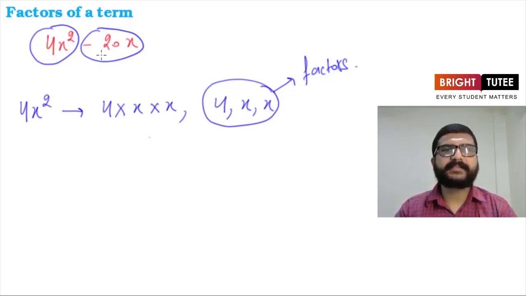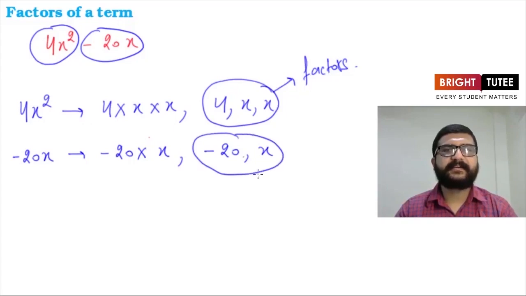Now the second term is minus 20x. What are we doing to form this term? We are multiplying minus 20 with x. By doing this we got minus 20x. Now what are we using here? Minus 20 and x. So these are the factors of the second term, which is minus 20x.